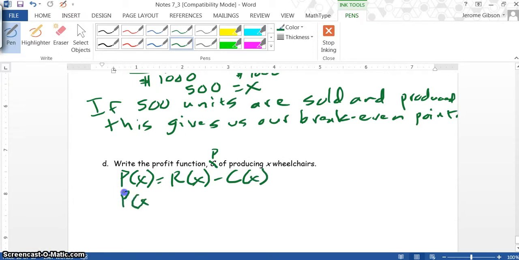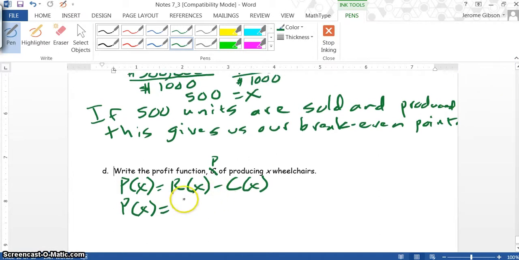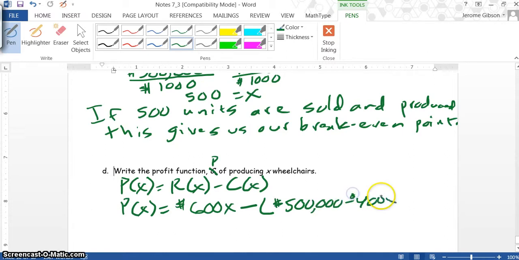So we have P of x is equal to, now we substitute in the values for R of x, which is $600x, minus C of x, which would be $500,000 plus $400x.